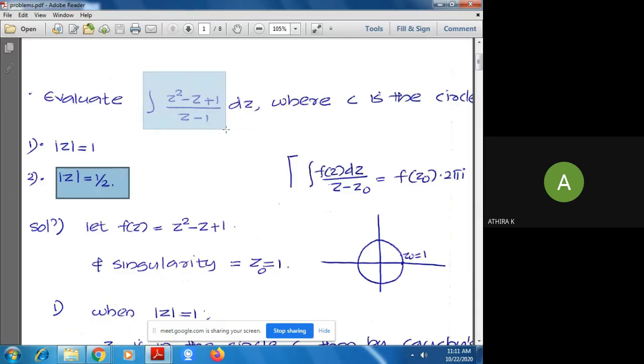The value of integral z square minus z plus 1 divided by z minus 1 dz around the circle mod z is equal to 1 by 2. What is the value?